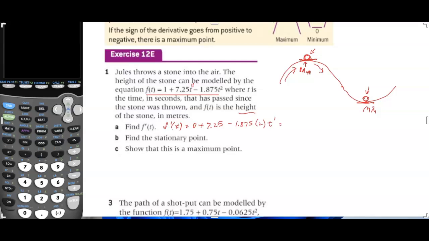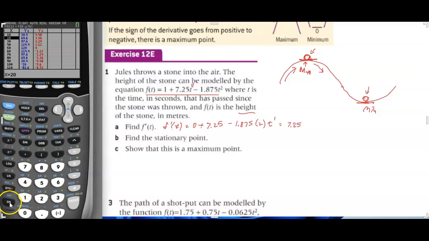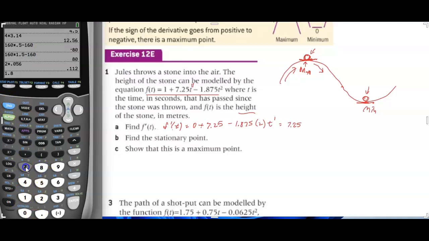So our final answer is 7.25 minus, let's do 1.875 times 2 in the calculator to simplify it. 1.875 times 2, negative 3.75 t, or t to the first. And we don't need to write to the first, right? So there is my derivative function.